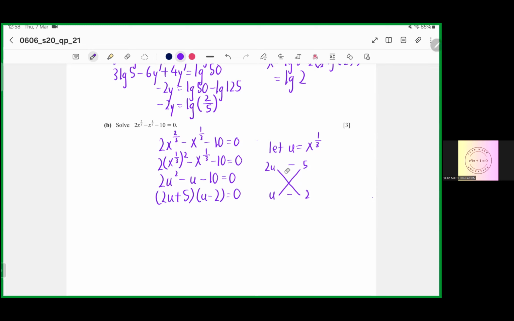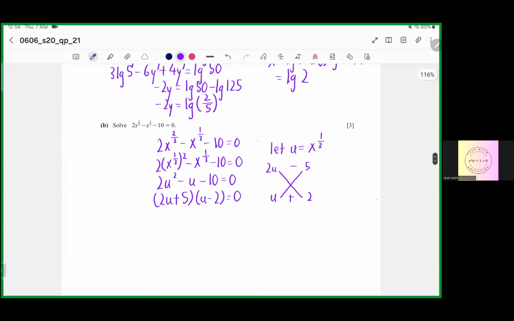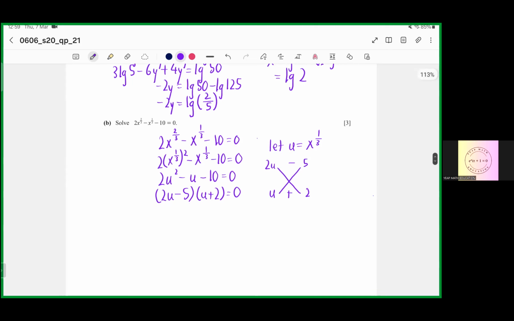Okay, so like this way, we get u equals 5 over 2 and u equals negative 2.